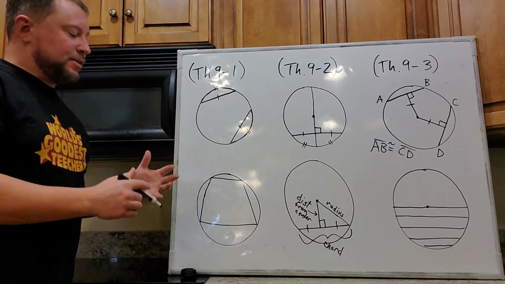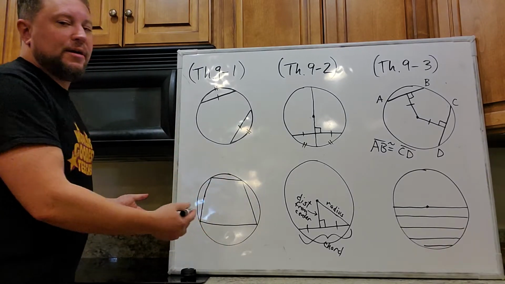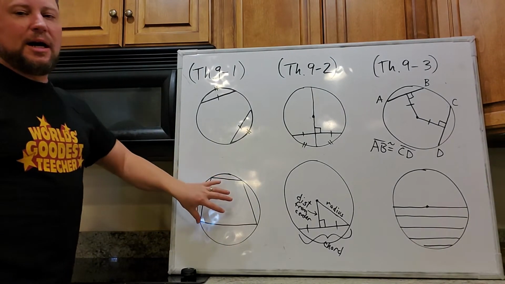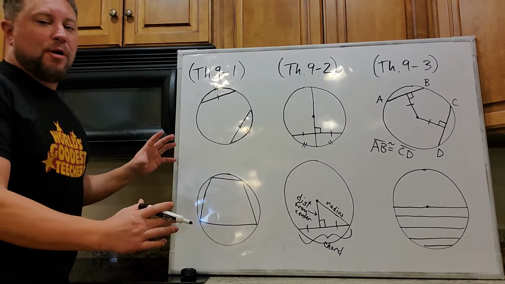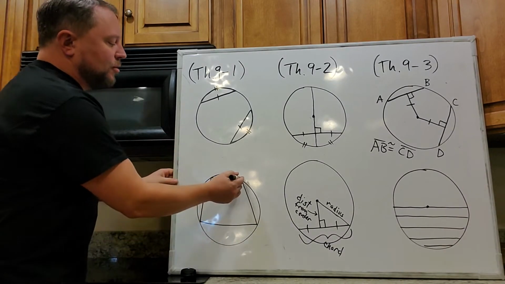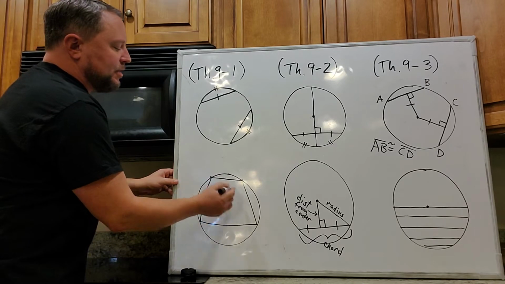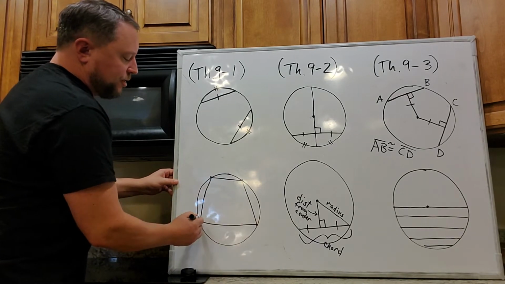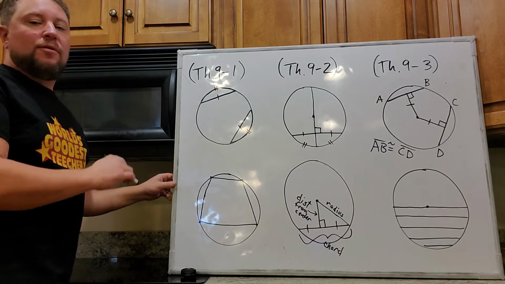I don't care how many chords you make, do you see that it makes a polygon that fits perfectly inside of the circle so that each of its vertices are actually on the circle itself? Okay, there's a term for that.